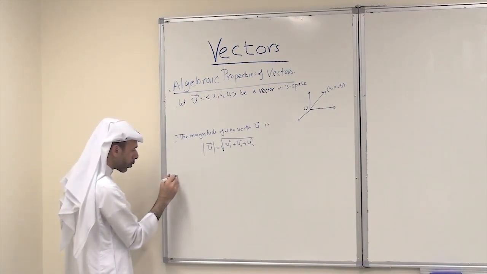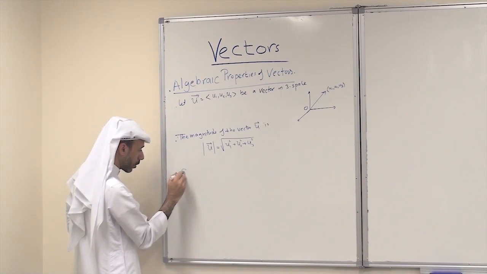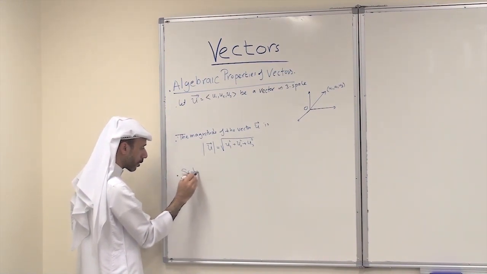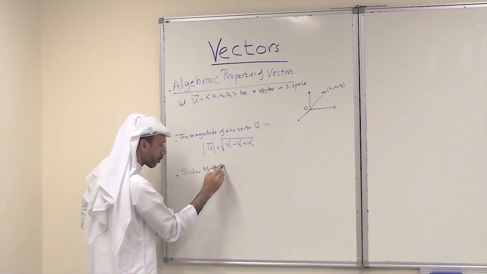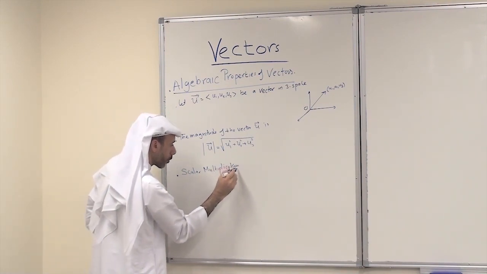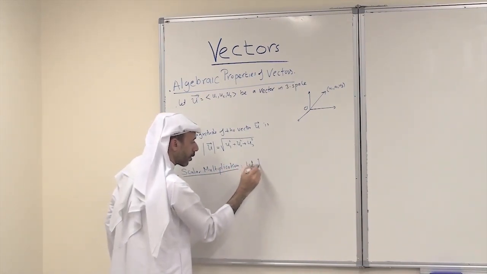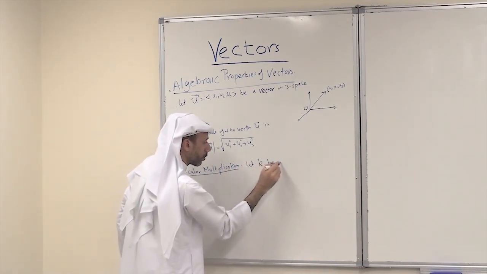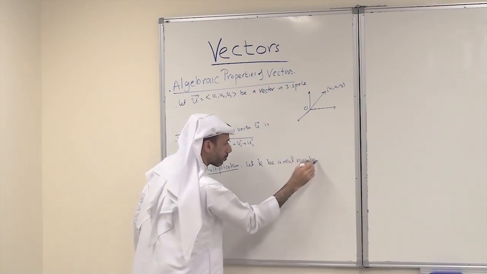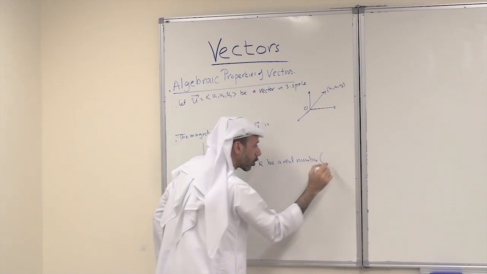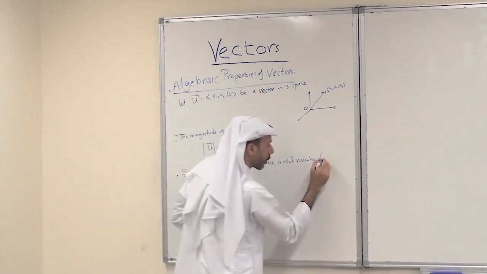We have one operation with vectors, which we call scalar multiplication. Let K be a real number. When we work with vectors, a real number is called a scalar.